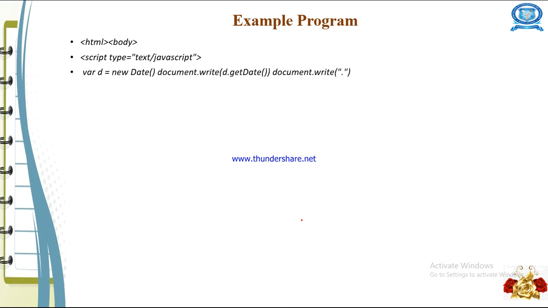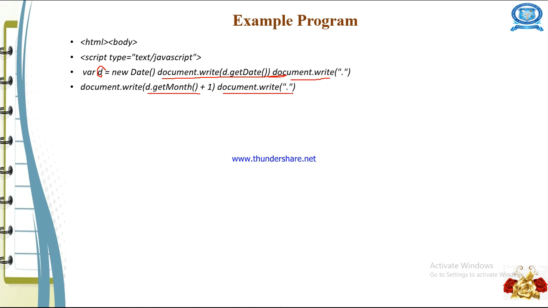We have to create the objects, as we discussed in previous slides, where d equals new Date. Then the output statements. First, document.write d.getDate. Then a second document.write d.getMonth plus 1.